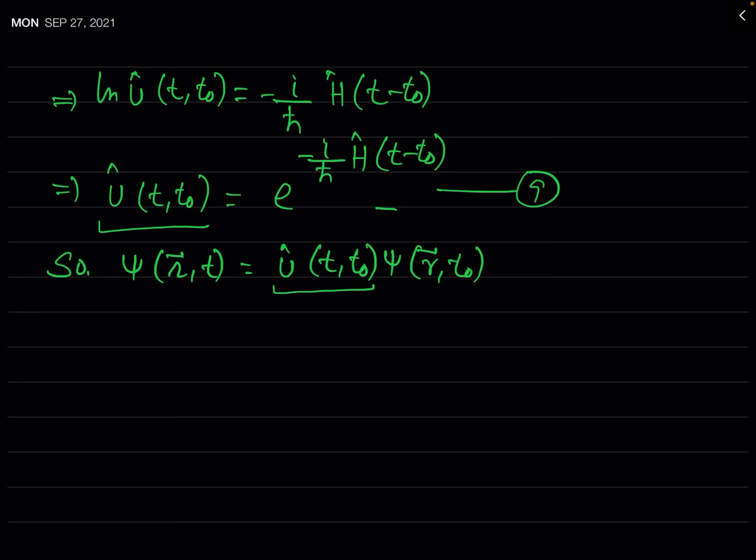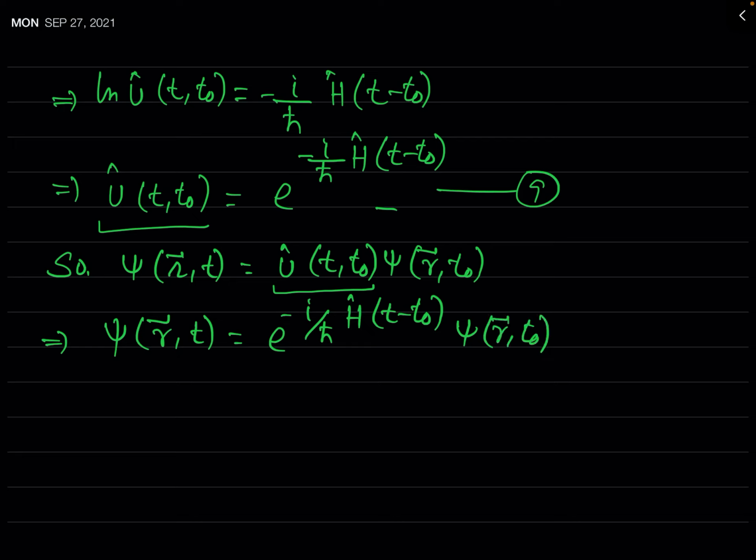But now this operator has been defined in equation 9. So in the light of equation 9, we can write psi(r, t) equal to e raised to the power minus i over h bar H hat (t minus t0) psi(r, t0).